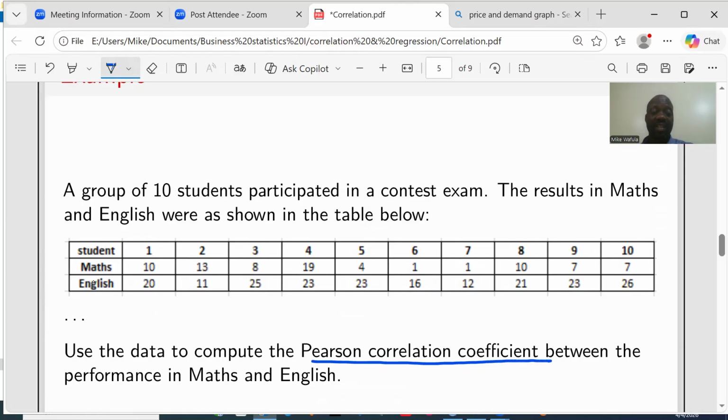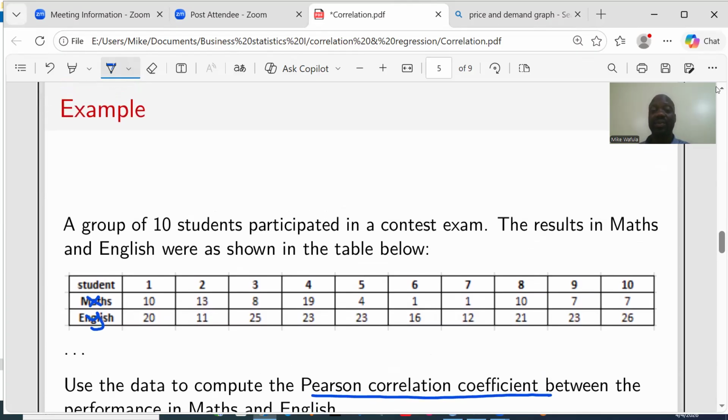The formula for the Pearson correlation coefficient has only X and Y, not maths and English, so we let maths be X and English be Y, so that we can go ahead and use the formula.